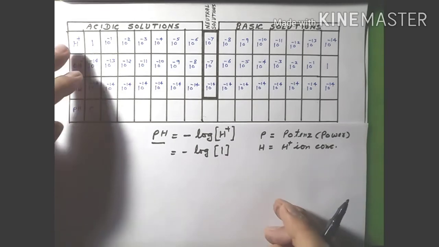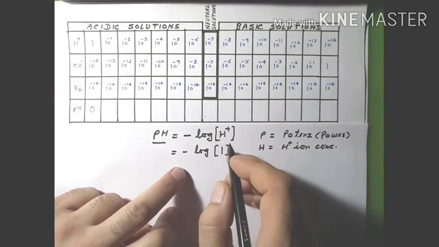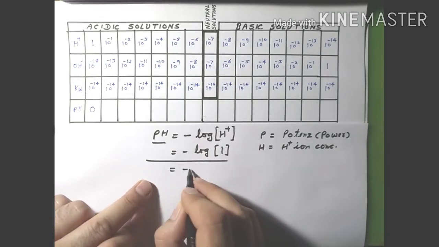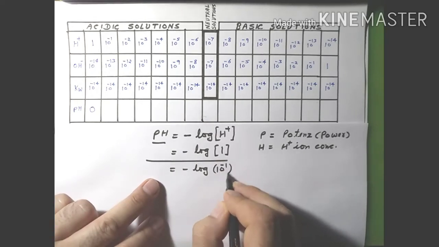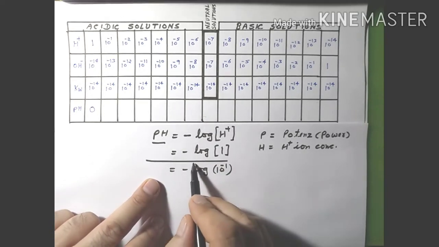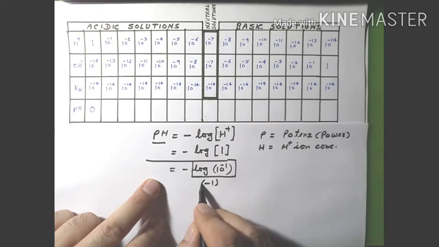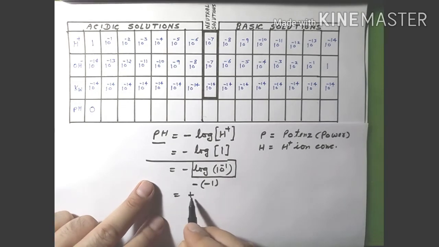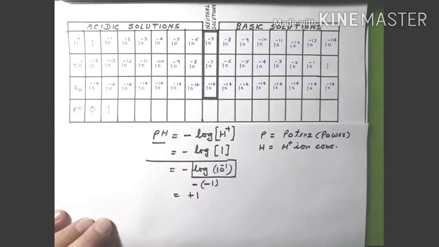Now the next H plus ion concentration is 10 to the power minus 1, so minus log 10 to the power minus 1. Log 10 to the power minus 1 as a whole is equal to minus 1, and the minus is already there, so minus minus is plus, and we get the value 1.